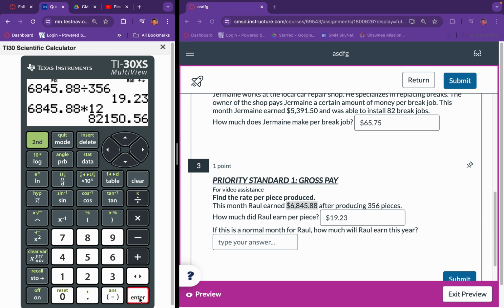So at the end of the year, if we look at his earnings for the year, his earnings for the year is $82,150.56. So that is what Raul earns in a year. This is what Raul earns in a month. And this is what Raul earns for every piece he creates.